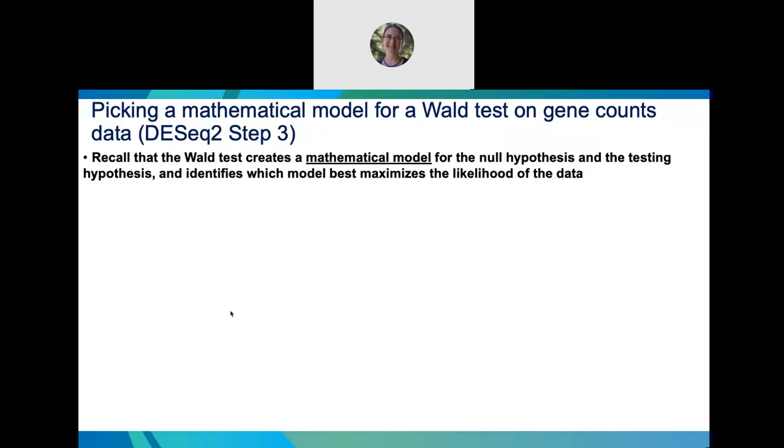So as we talked about before, the Wald test creates a mathematical model and identifies which model, the null hypothesis or the testing hypothesis, best maximizes the likelihood of the data. And as we were talking about before, the type of model that the Wald test uses is dependent on the shape or the distribution of the data.